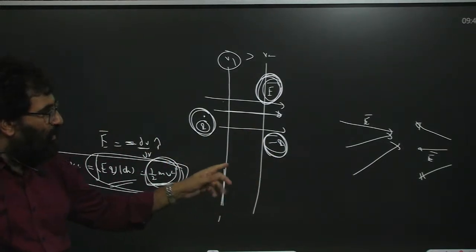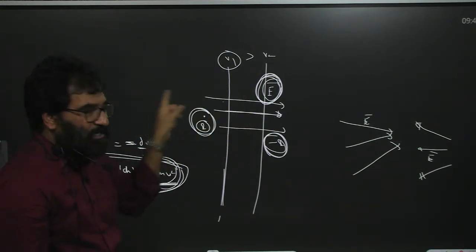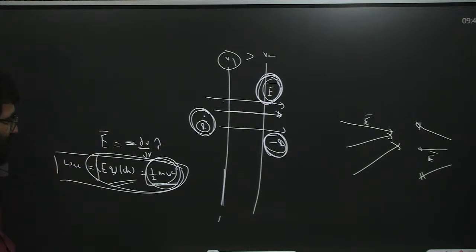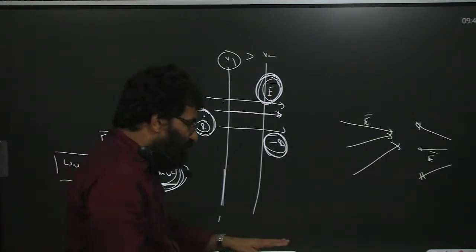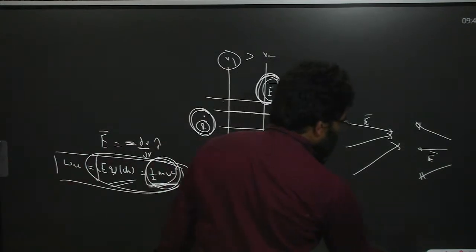Negative charged particles always move towards increasing potential, moving against the electric field, and their kinetic energy also increases. So work done by the electrostatic forces or electric field on any charged particle changes its kinetic energy, meaning it changes the magnitude of velocity, not the direction of the velocity.